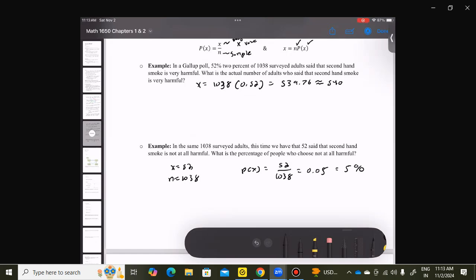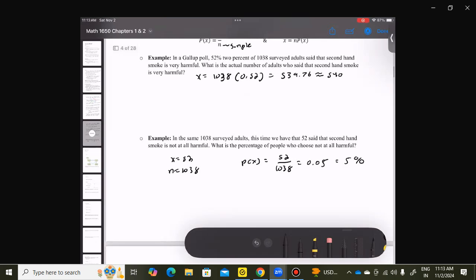Now, let's look at the context of both of these. First one was 52% said that secondhand smoke is very harmful.